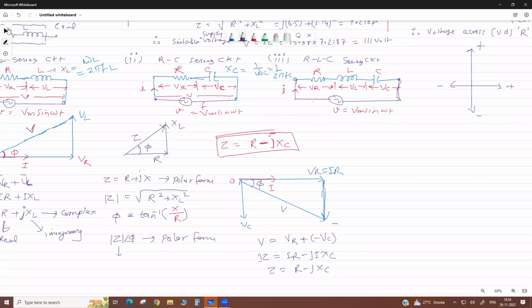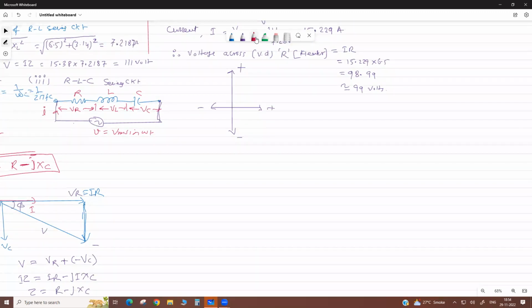Now we come to when all three components are in the circuit. The same current flows through all the components, R, L and C. Due to this current, the drop in resistance is in phase with the current, but the inductive drop is upward, and the capacitive drop VC is downside due to being negative.